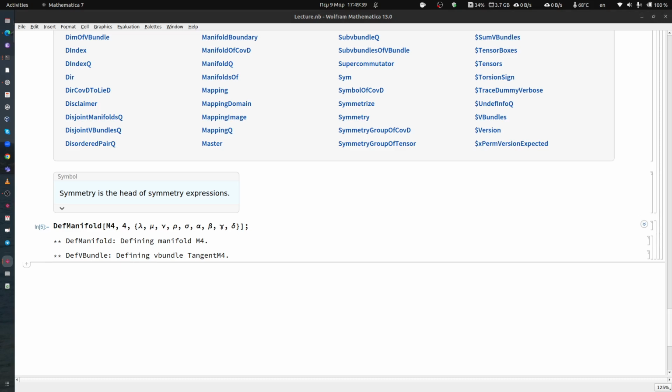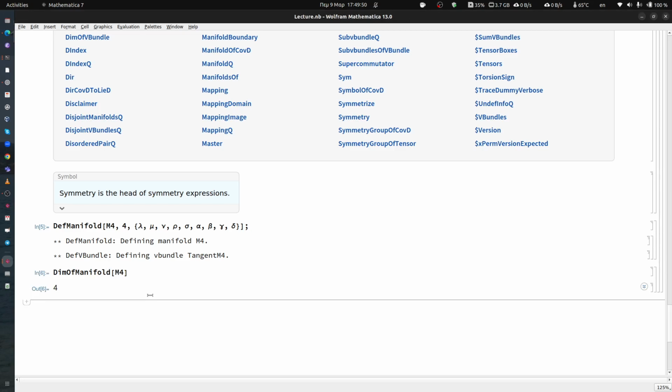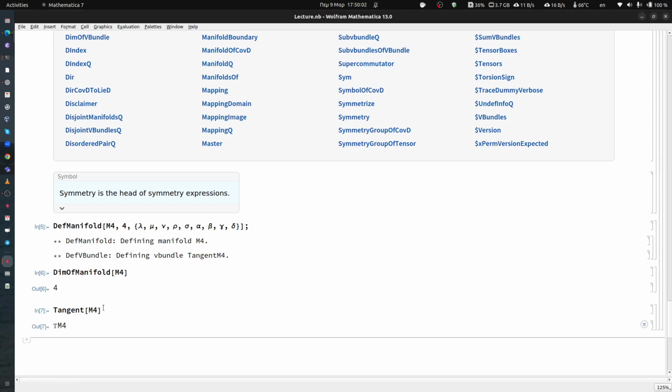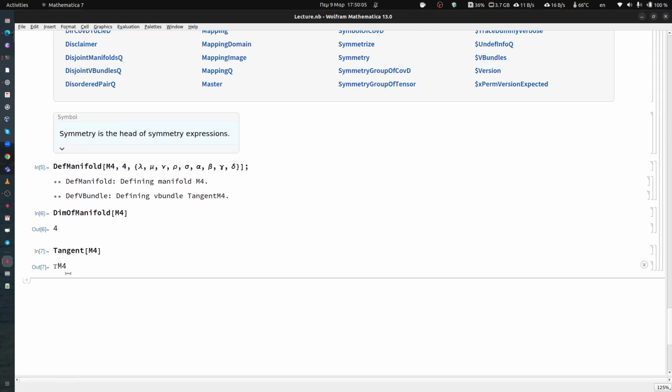Information about the manifold can be accessed using various functions. Let me show you some of them. So DimOfManifold of M4 will inform us that the dimension of the manifold is 4, and TangentM4 will tell us that the tangent space of this manifold is TM4.